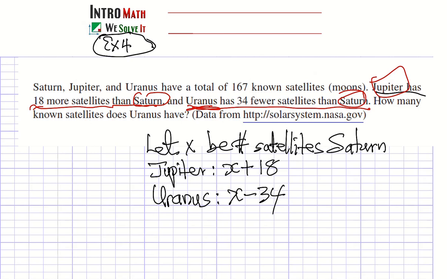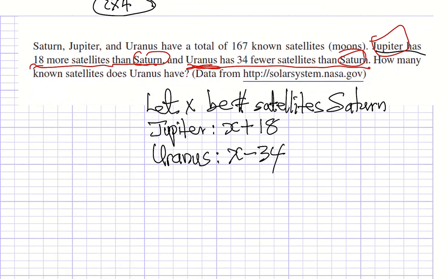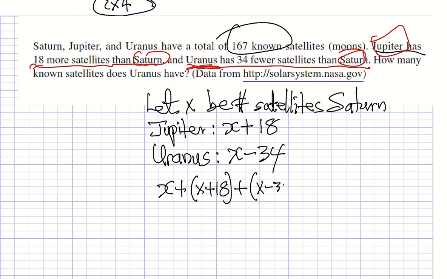So once you key in on the one they're using to compare to everybody else, you see how everybody else is related to that one. That's all. So you form the equation. The total is 167. You say X plus 18 plus X minus 34 is equal to 167. Now, like I said, we're dealing with one variable.